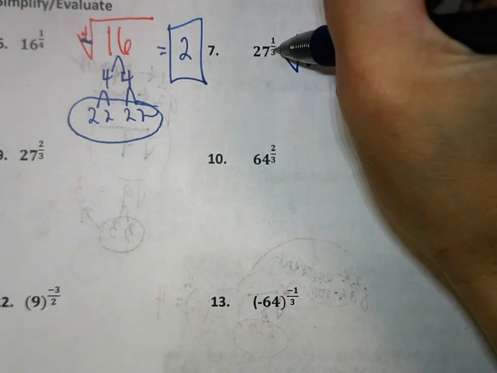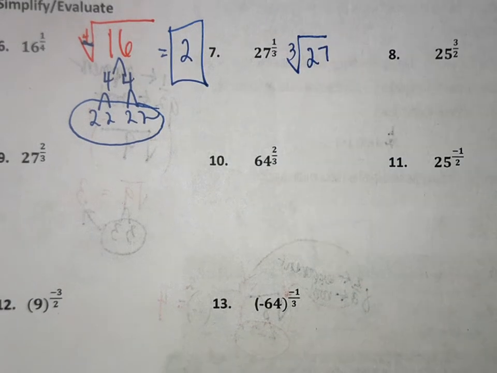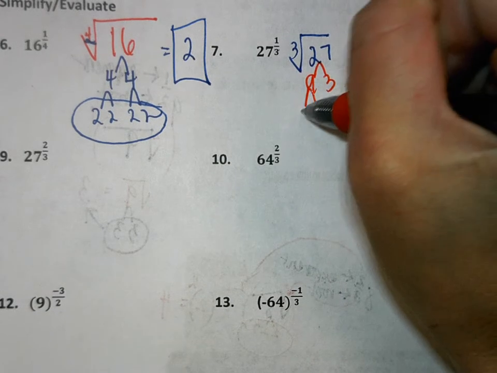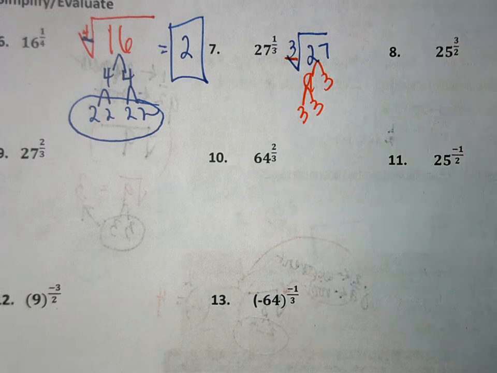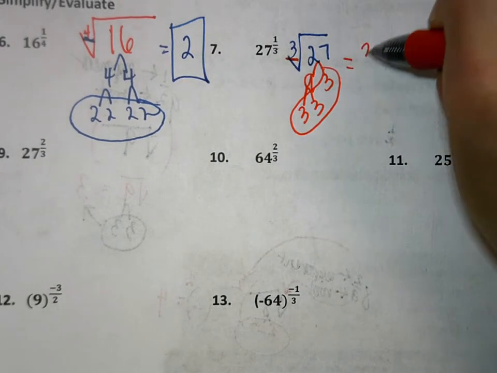Again, this tells us our root number or our index number. It's being raised to the first power, so I don't need to do that. 27 breaks down to 9 times 3. 9 breaks down to 3 and 3. Because my index is 3, that tells me I need 3 for a group, and I have exactly 3 3s, so that means my answer is 3.